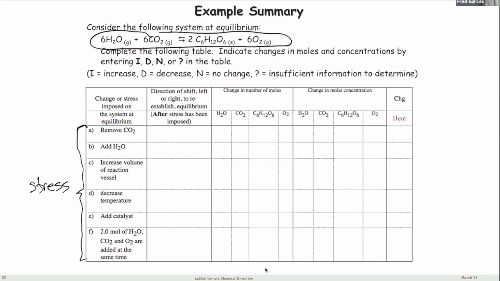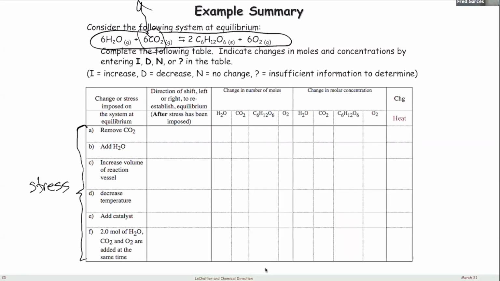That's very important. So in the first case, we're removing carbon dioxide. Carbon dioxide is a reactant, and we're removing that. You should recognize that we're having a deficit on the reactant side. The reaction has to respond to make up for that deficit. Of course, the reaction is going to move in the direction that will replenish the deficit.